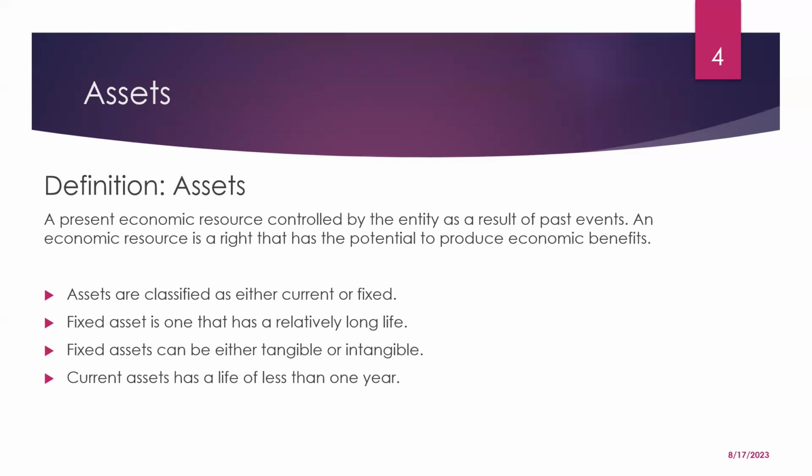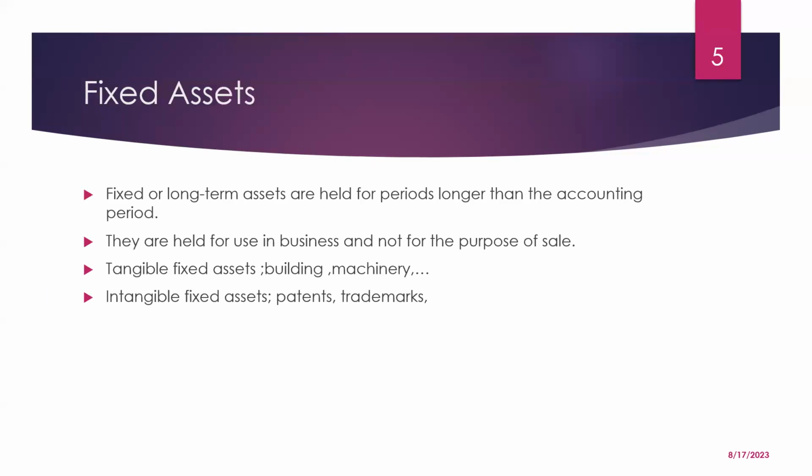If you have a brand name, goodwill or patent rights, those things cannot be touched, so those are known as intangible assets. And current assets have a lifespan of less than 1 year.